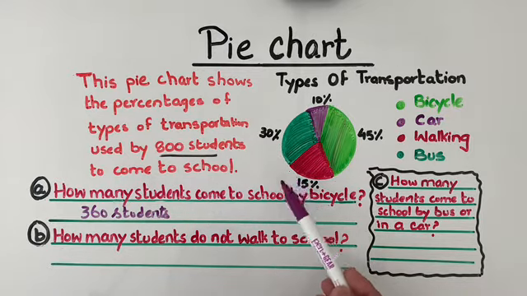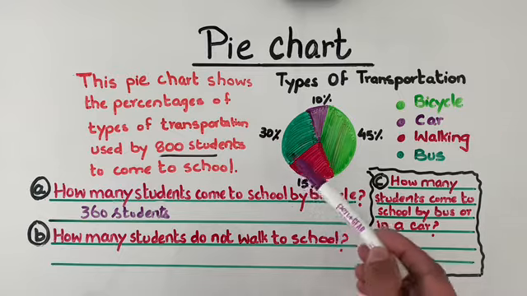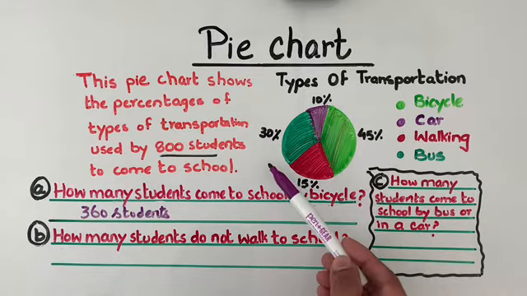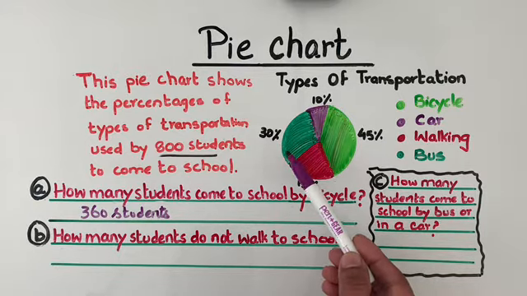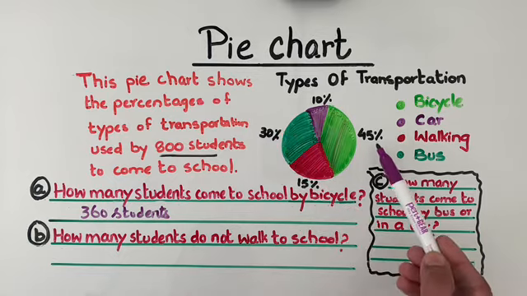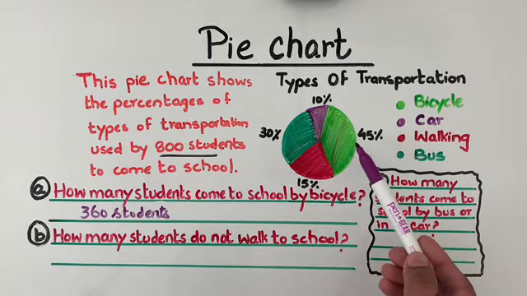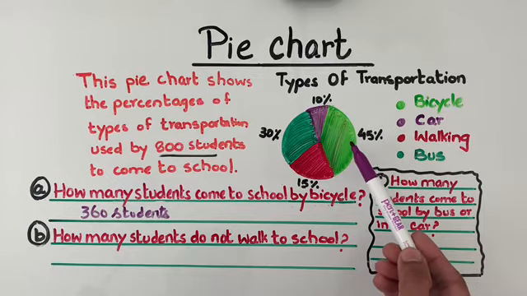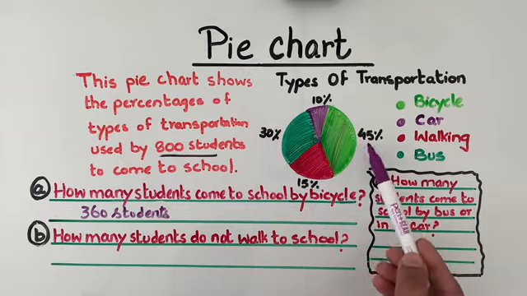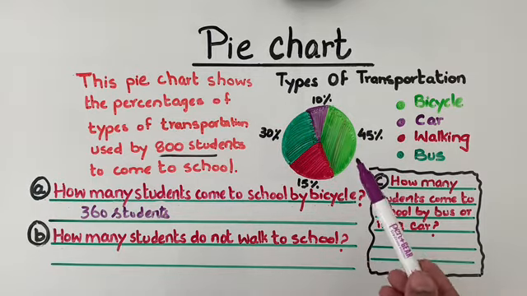So 15% walk to school and the remaining percentages, 30%, 10% and 45%, show students who come to school by bicycles, by cars, or by bus. So this means first we have to add these three percentages.